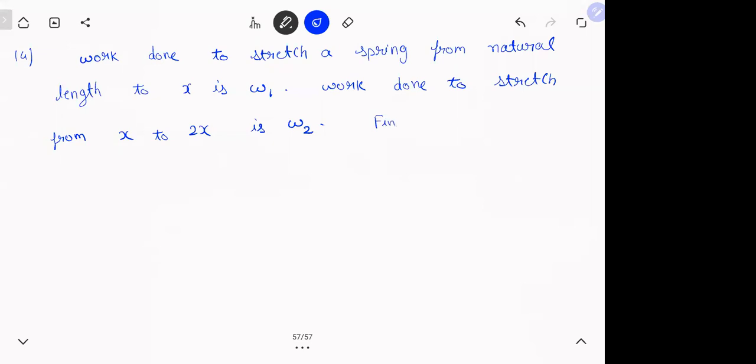Find W1 by W2. So remember spring potential energy, how much is it? It is half K X square, where X is elongation or compression from natural length.